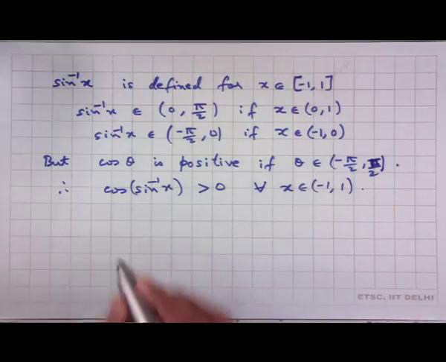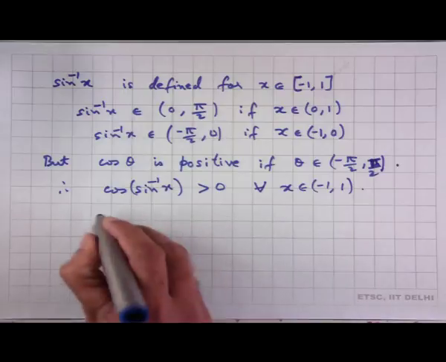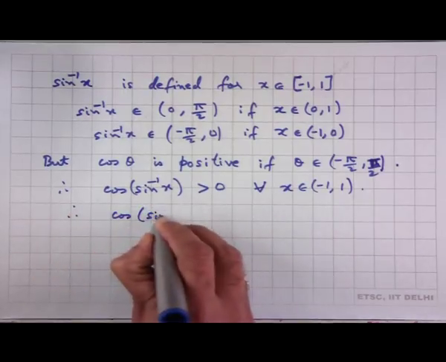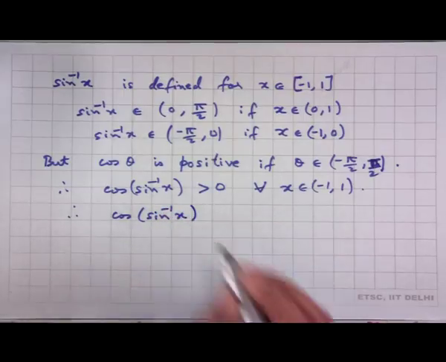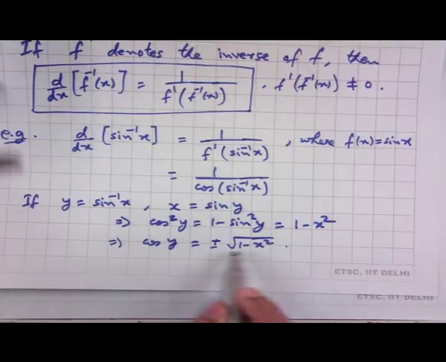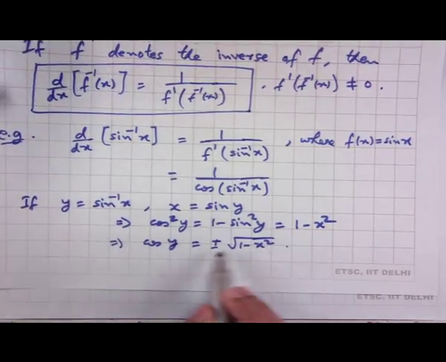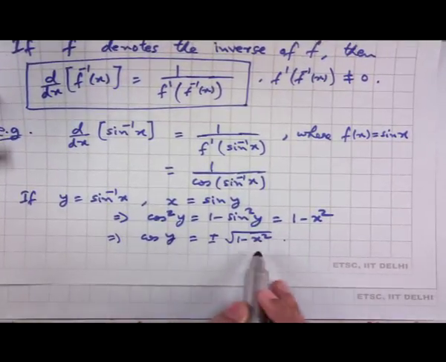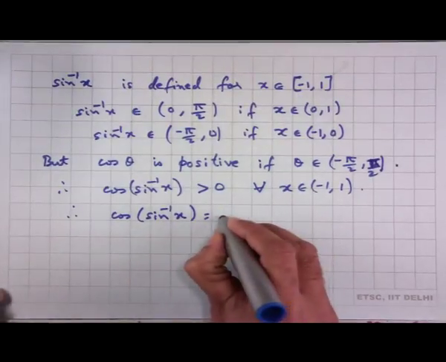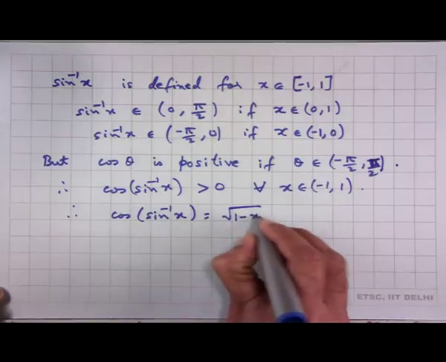So, this cos of sine inverse x, we wrote here cos of sine inverse x is plus or minus square root of 1 minus x square, but we know that it has to be always non-negative. So, cos of sine inverse x is equal to square root of 1 minus x square.